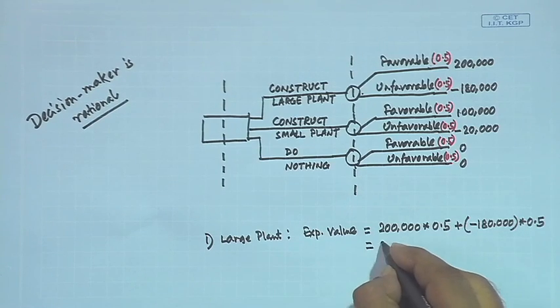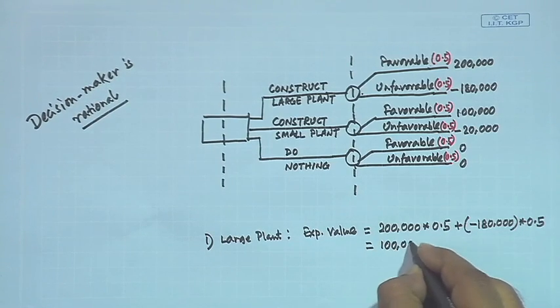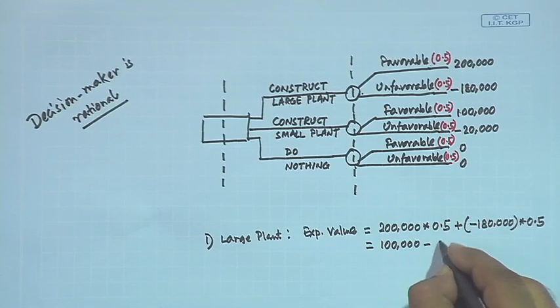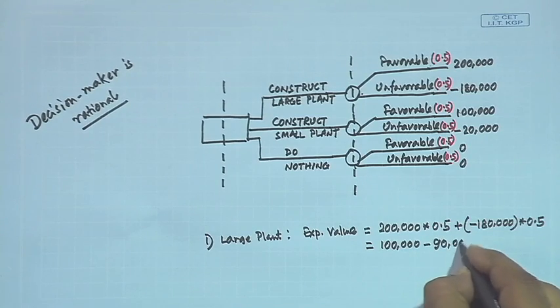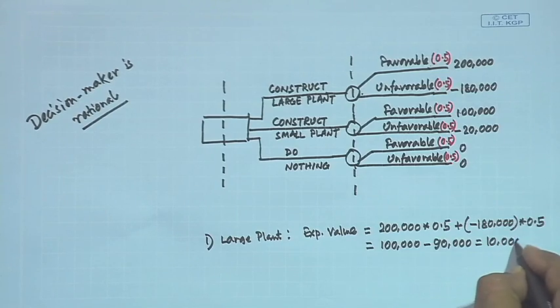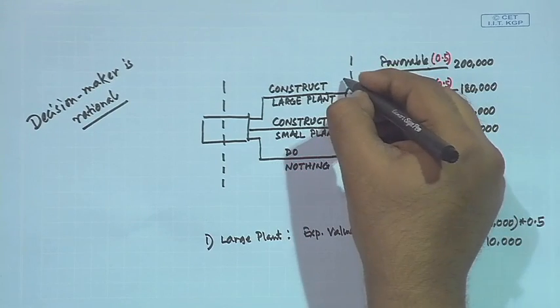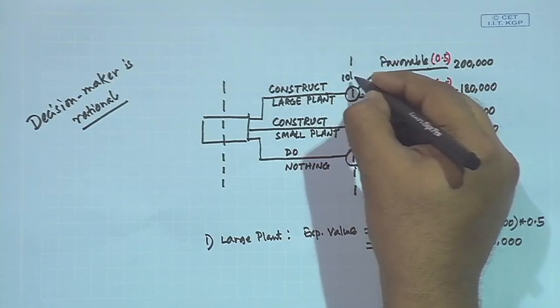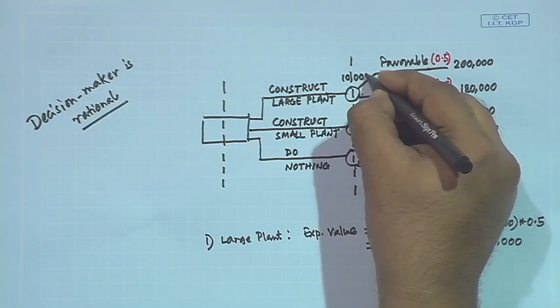So, this will be 100,000 minus 90,000 equal to 10,000, right. So, these 10,000 we actually write here, right.